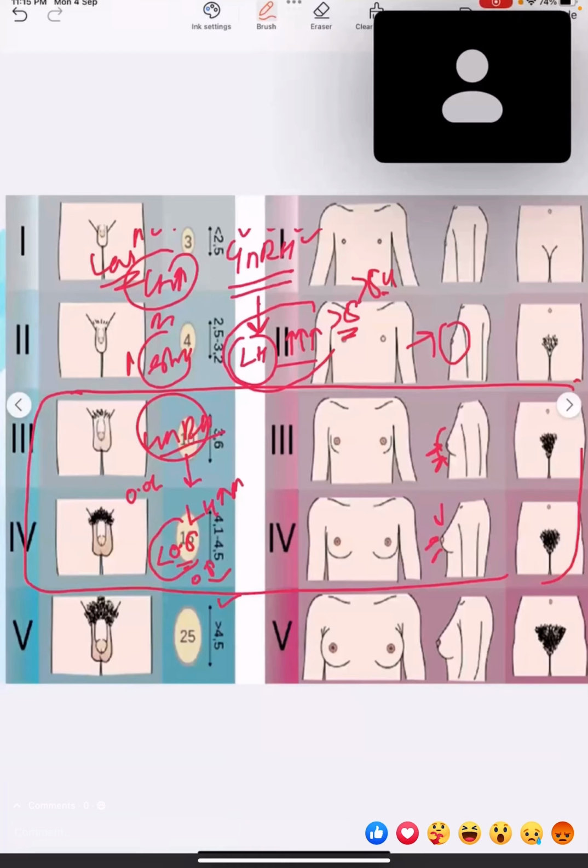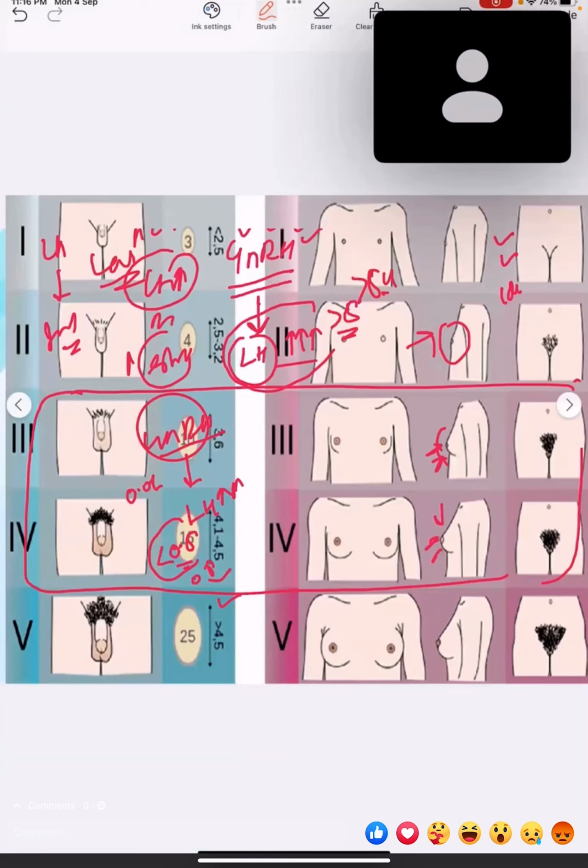Clear? The same happens with the male, where you will measure the level of LH and testosterone. But in a female, central precocious puberty is usually idiopathic, and we will not go for any investigation if we see it is central and there are no other clinical signs and symptoms like brain tumor; even hypothyroidism can produce precocious puberty.